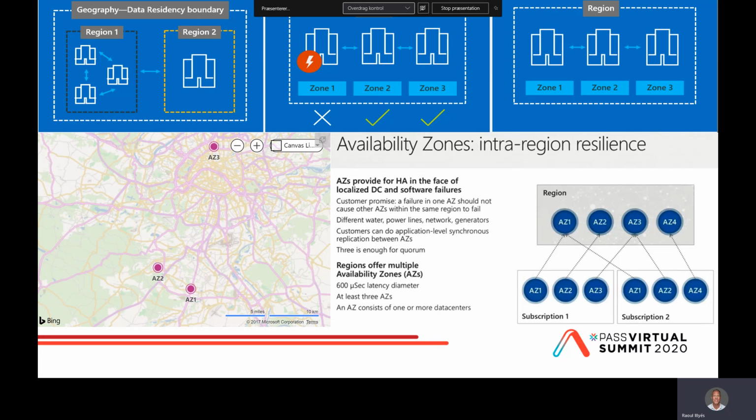And with AZs, you have full synchronous replication, meaning that if one of these data centers goes down within a region or an AZ set, your data will be protected. You will not lose any data. It will go live in another data center within the AZ set. Very, very important to know these types of things before you start doing migration, especially when you go for the cloud.